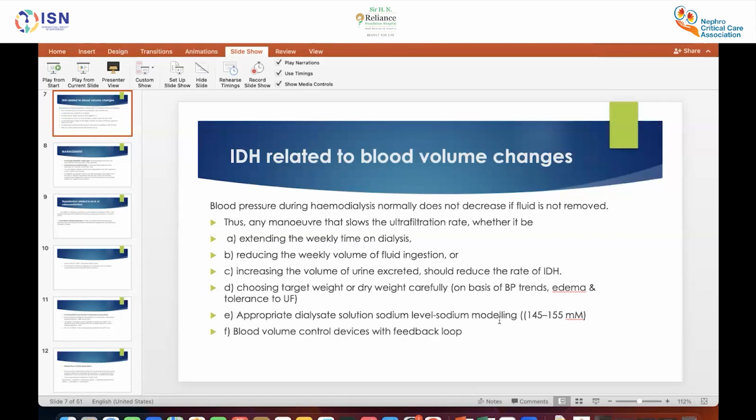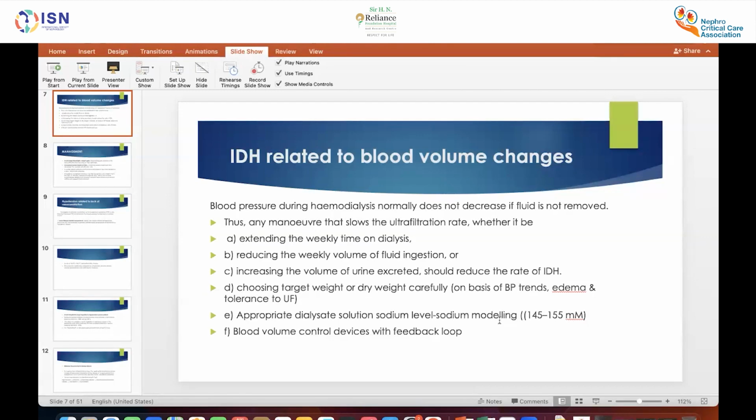And the patient will ask for more water. So that's why our aim and objective is that during dialysis, we have to keep the patient at slightly less sodium content.